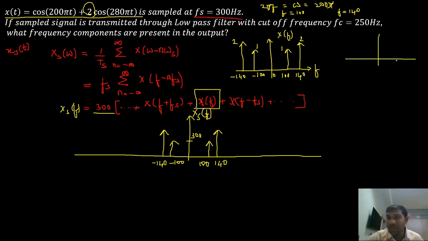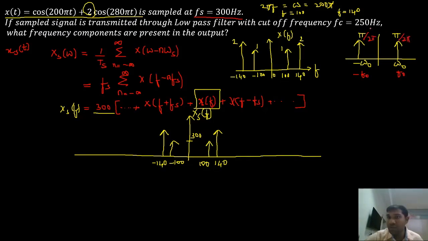One small mistake I have made. For a cos signal, this is what my amplitude spectrum will look like, but with an amplitude of pi, when I'm considering omega. If I consider f instead of omega, I have to divide this by 2 pi.